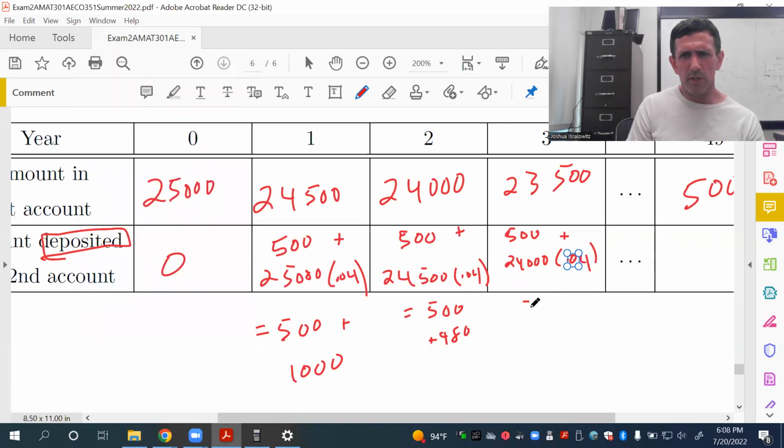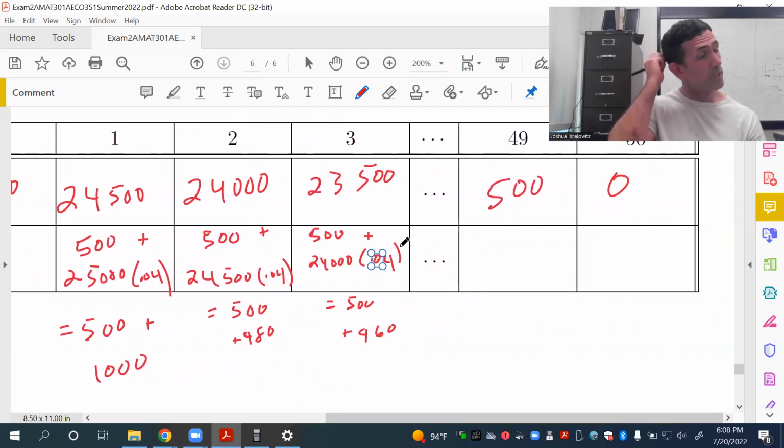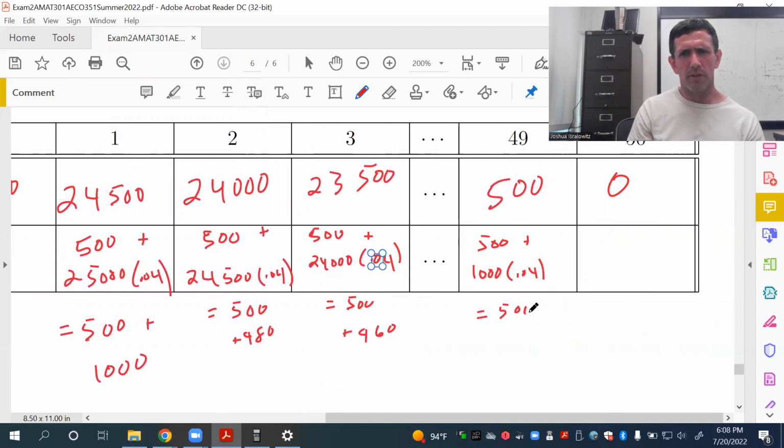So this is going to be 960. This would be 1,000. 4% of 1,000 is 40. And this is 500 plus 500. 4% of 500 is 20.